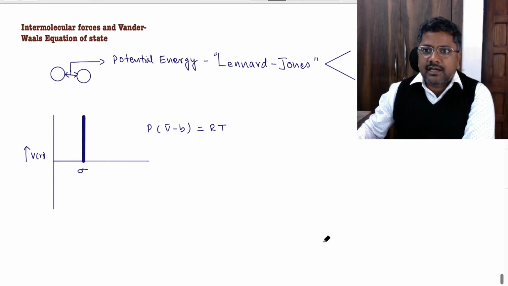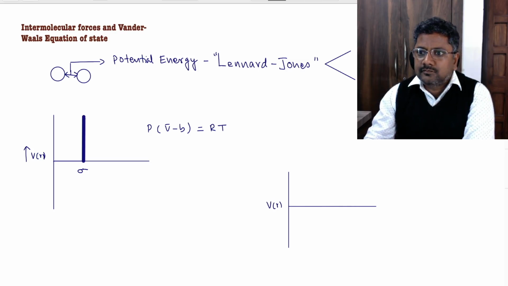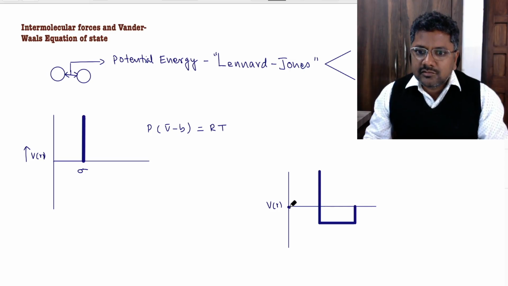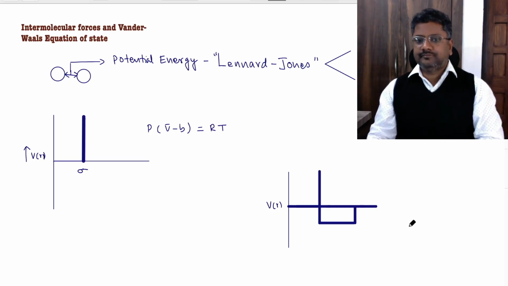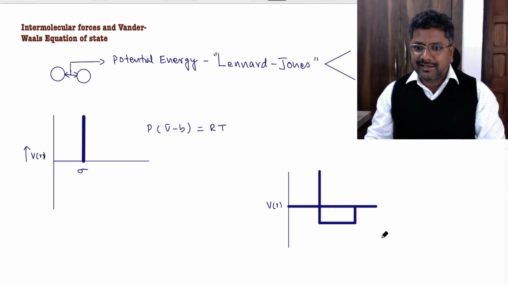Similarly, if the potential well is represented like this, this type of graph you may get when your gas obeys it.